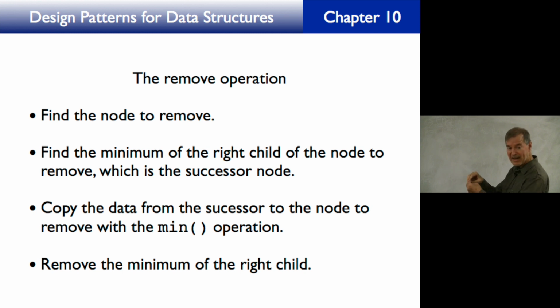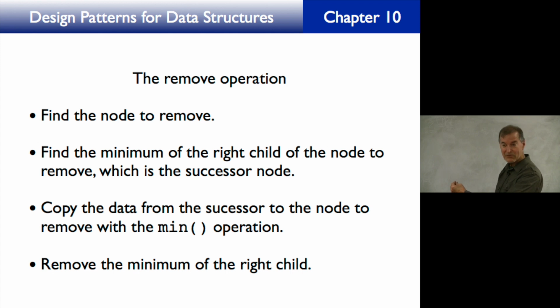And then we copied the data up, and then we did remroot. Are you with me? But look, the way we do it with this one, it's the same idea, only instead of finding the maximum of the left child, which is the predecessor, we find the minimum of the right child, which is the successor. And that works equally well.